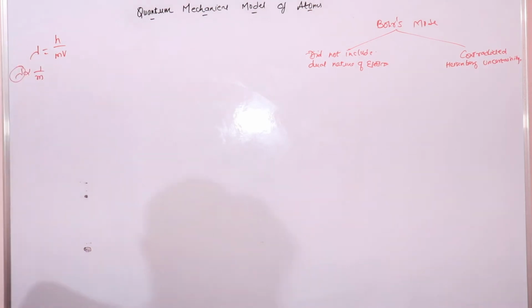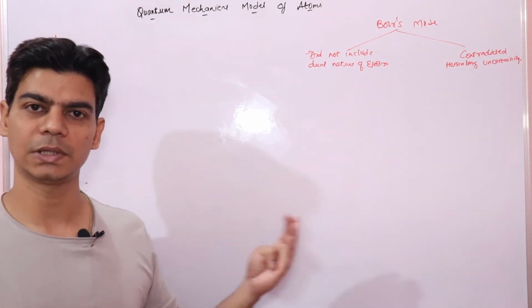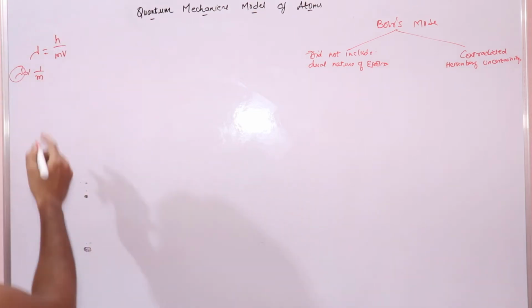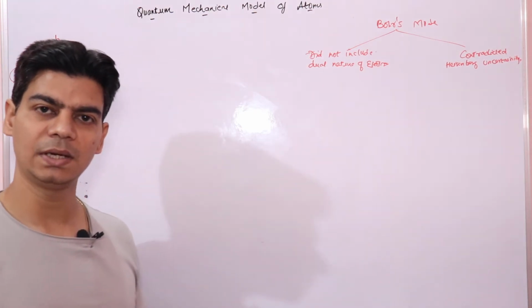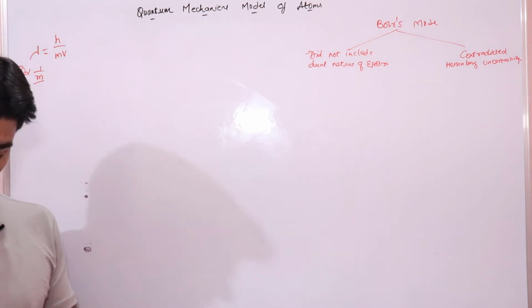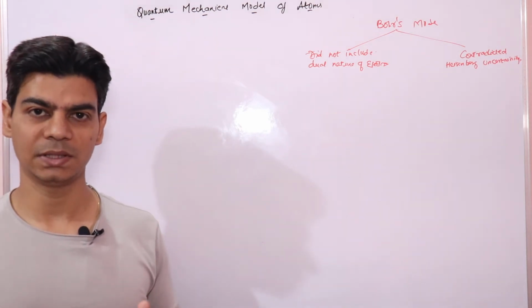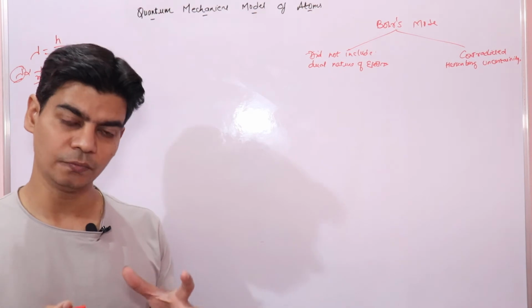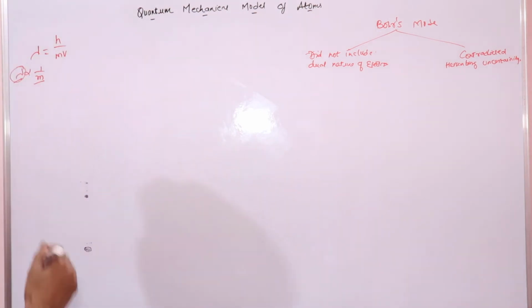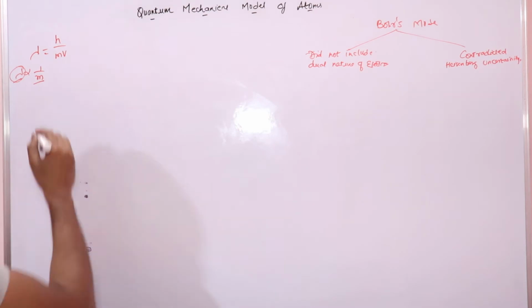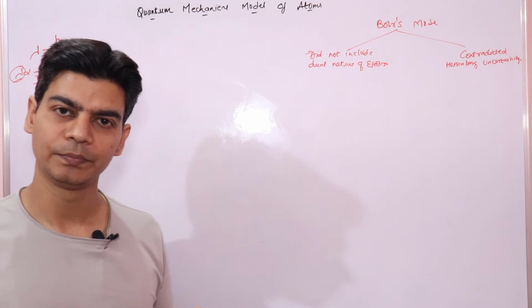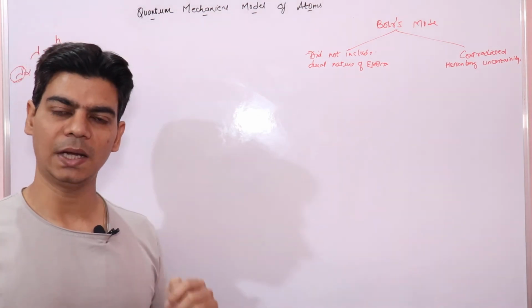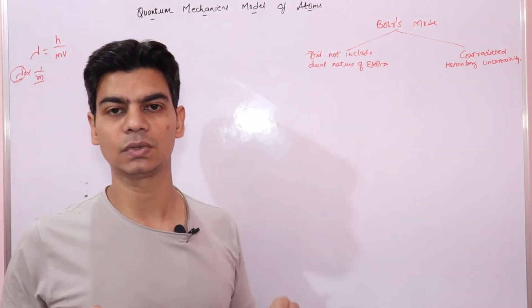Whereas for macroscopic objects that we study in classical mechanics, the value of mass is high, so their wavelength is very small. When we say wavelength is very small, that means their wave character is not detectable.